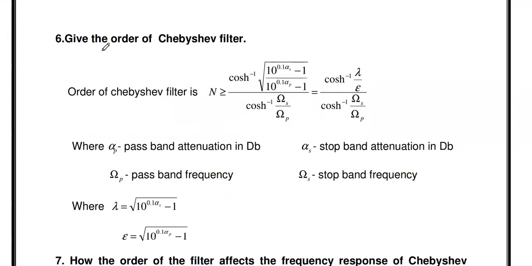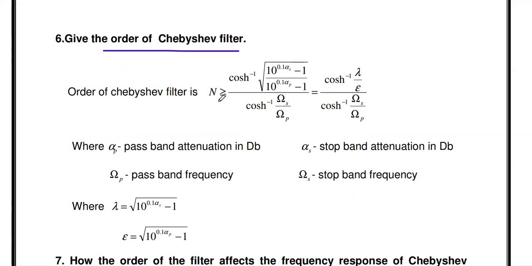Then the next one, give the order of a Chebyshev filter. So while designing the Chebyshev filter, we used all the formulas. Anyway, if it is a Butterworth filter or Chebyshev filter, the first step in the design of the corresponding filter is to find the order n.